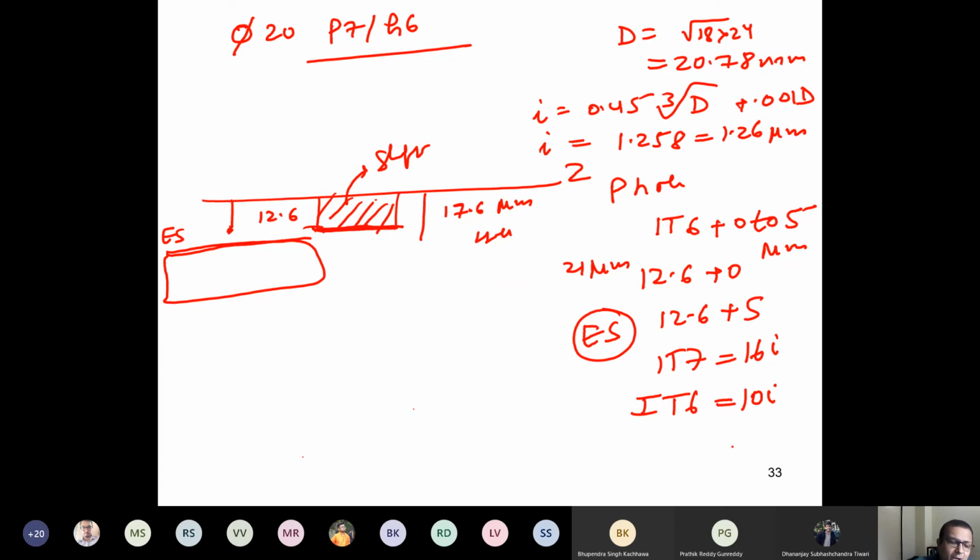This entire thing will always be interference, except one condition where your ES and EI of shaft and ES of hole merge, they are very close. They are same actually. So you can call this a transition.